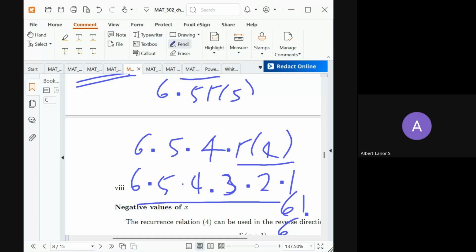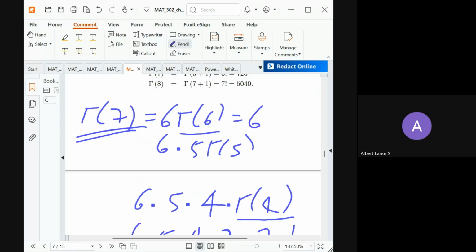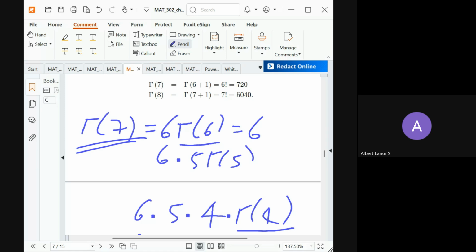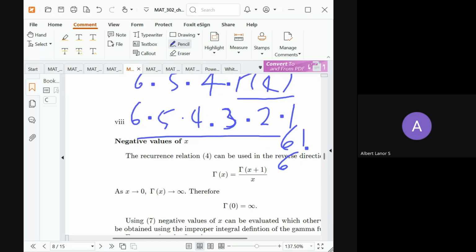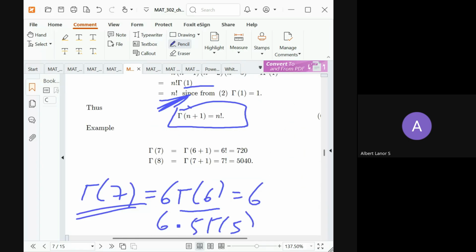All right, so if you know a number n, then the gamma of the number is the previous number's factorial. So we're looking at a few examples here. Gamma of 7 will be equal to 6 factorial. Gamma of 8 is 7 factorial.